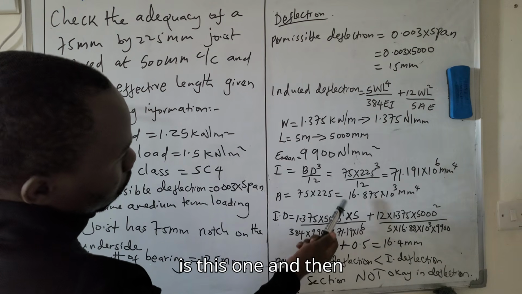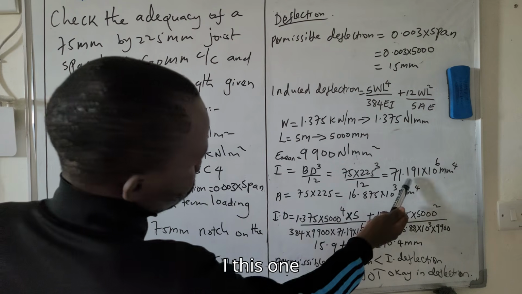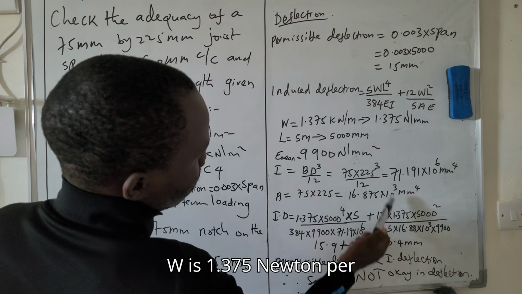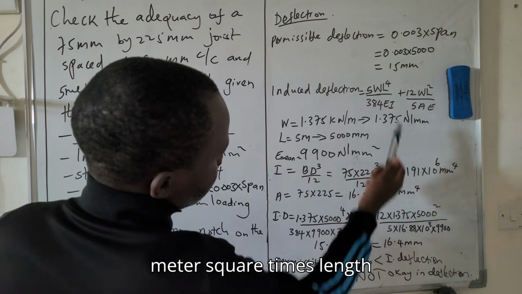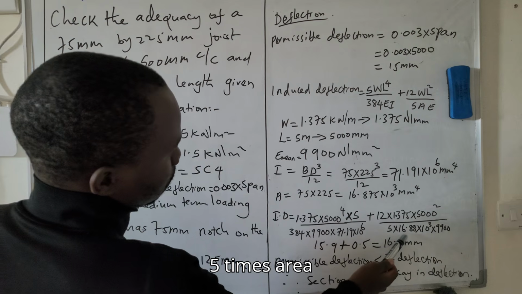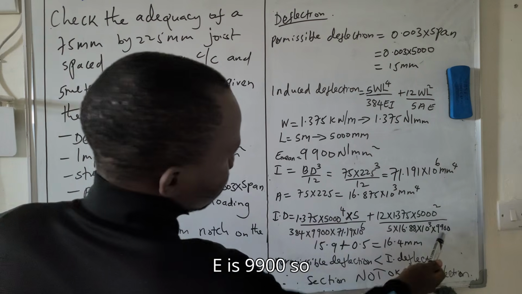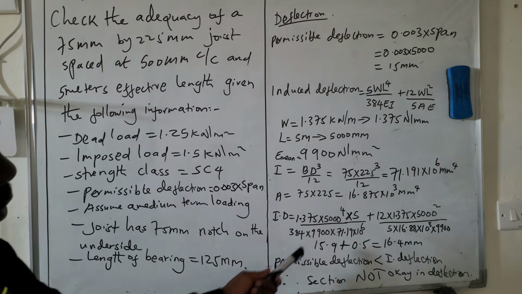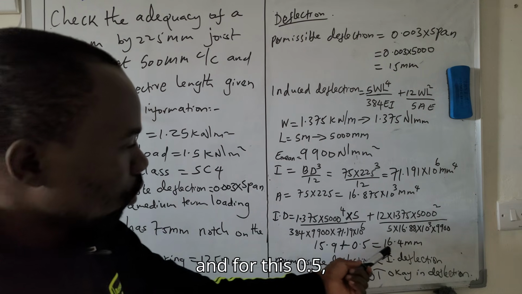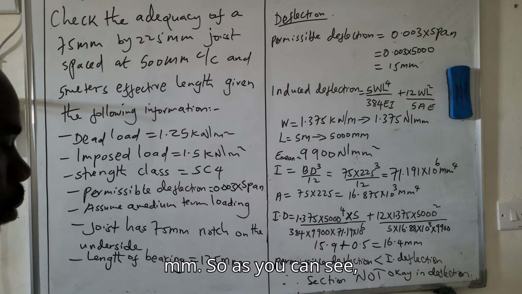E is this one, and then I, this one, plus 12 times W, which is 1.375 Newton per millimeter, times length 5,000 squared, over 5 times area 16.88 times 10 raised to power 3, times E, which is 9,900. So for this we have 15.9, and for this 0.5. So our total induced deflection is 16.4 millimeter.